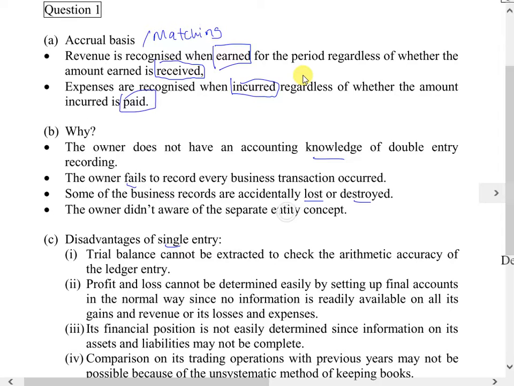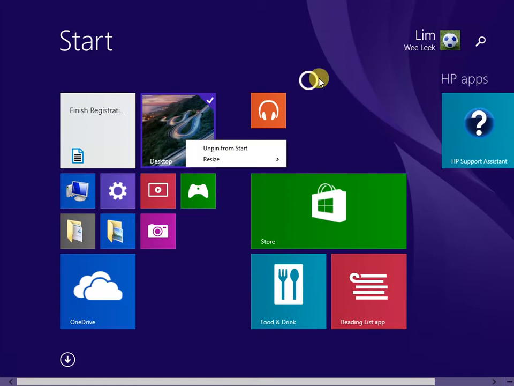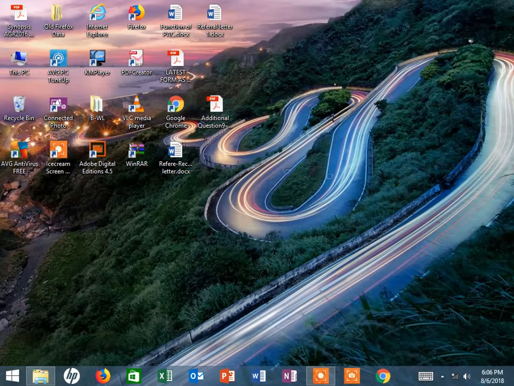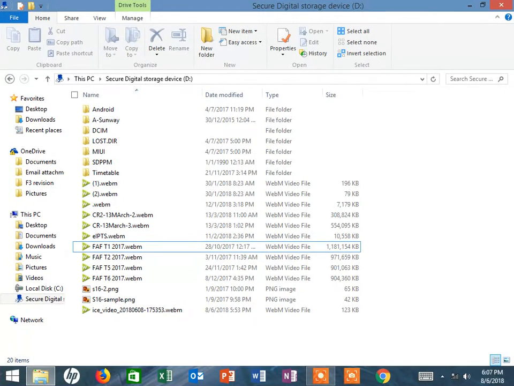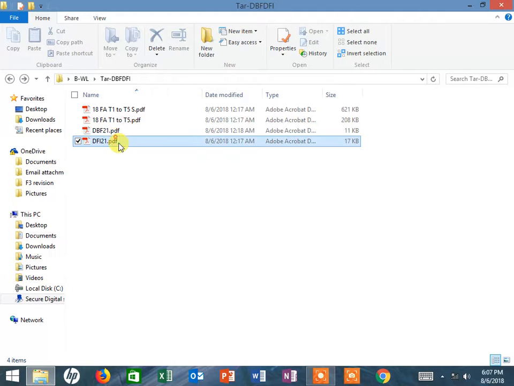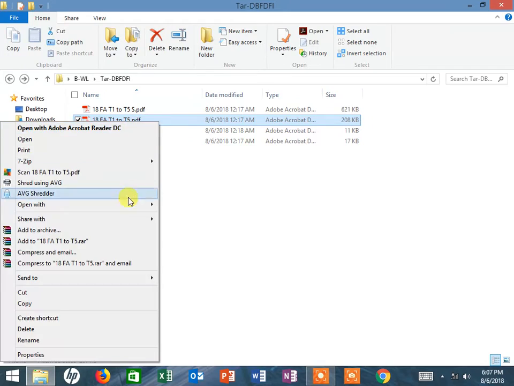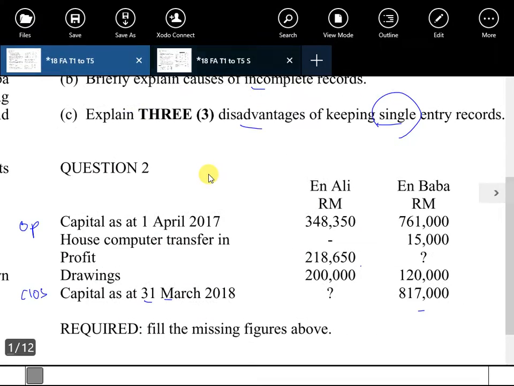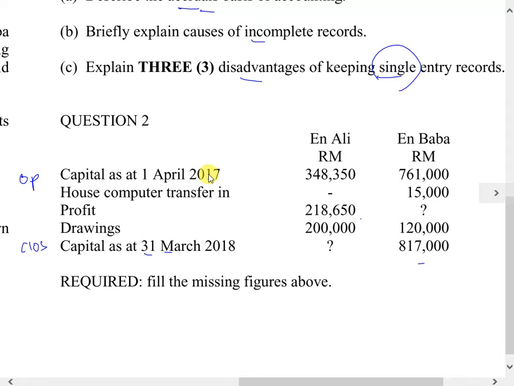Alright, question 2. Encik Ali, Encik Baba, you have capital on 1st April 17 and 31st March 18.